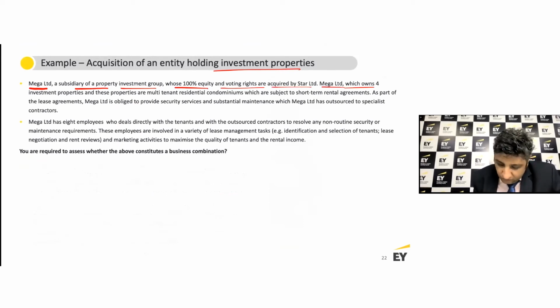Mega Limited owns 4 investment properties, and these are multi-tenant residential condominiums, which are subject to short-term rental arrangements. Now, versus the previous case wherein we talked about a single tenant, long-term lease arrangements where the collections and recoveries are insignificant as a part of the process.